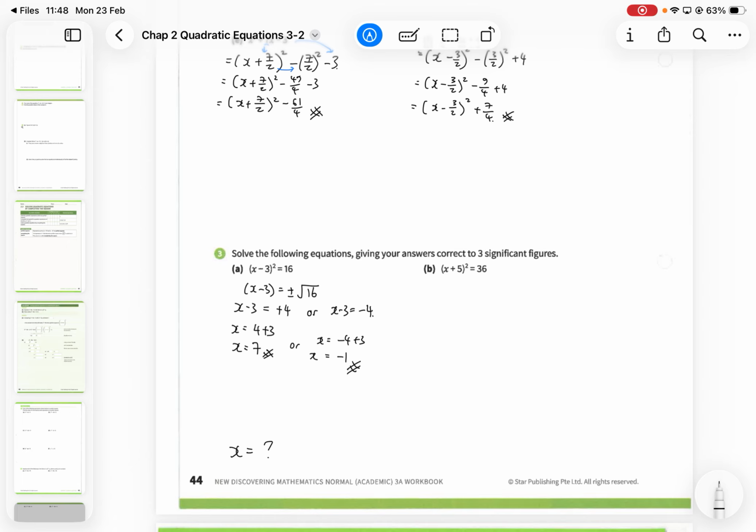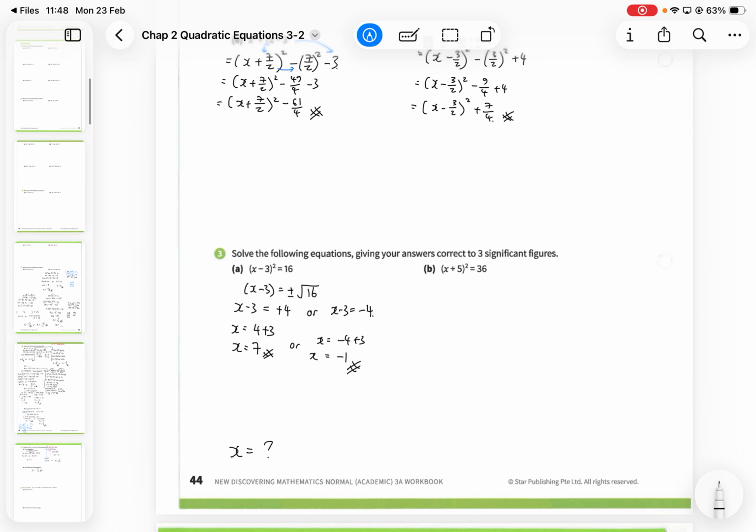x plus 2 equals to square root of 8, or x plus 2 equals to negative square root of 8.